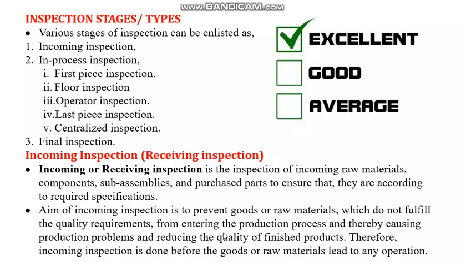If substandard raw material enters the process, production problems come, and the quality of the finished goods will reduce. Therefore, incoming inspection is done before the goods or raw materials are accepted and taken onto the production.